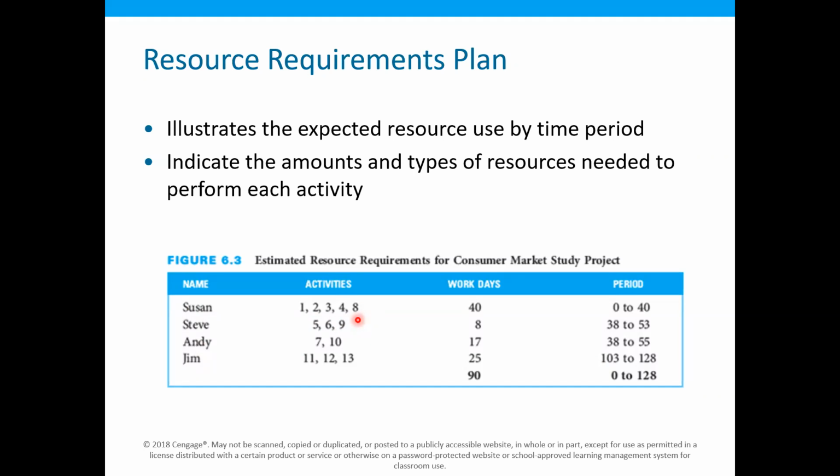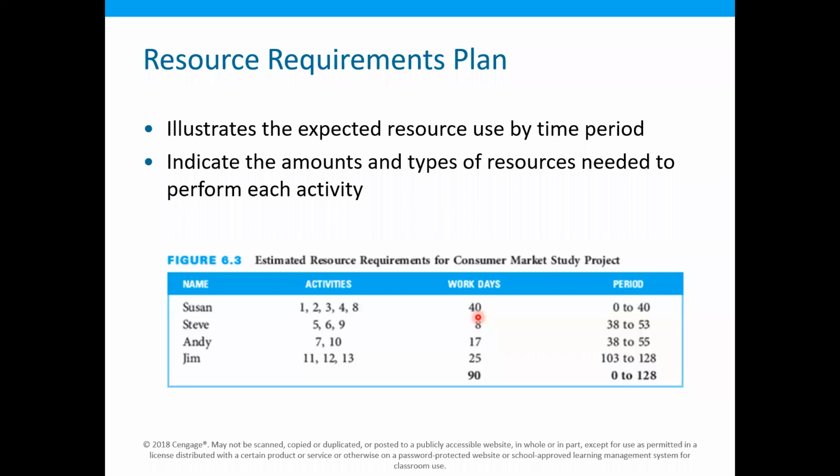So out of those 13 activities, 5 of those activities are the responsibility of Susan. And we can see that on these 5 activities, the total workdays needed are 40.